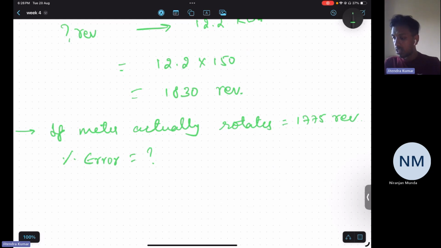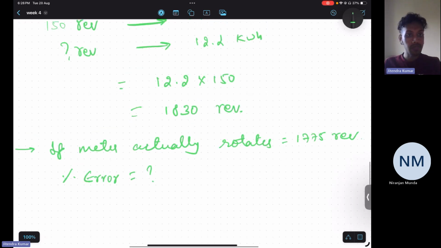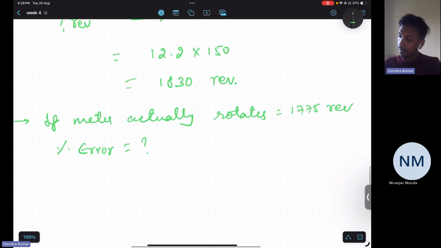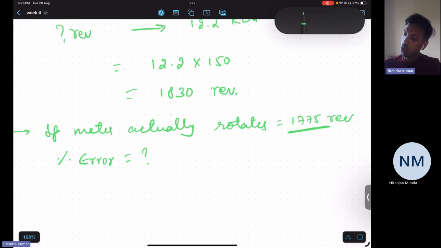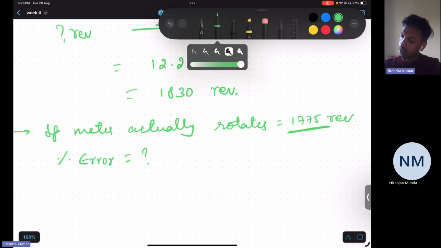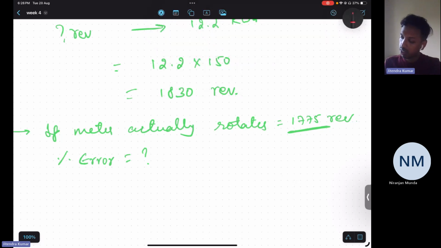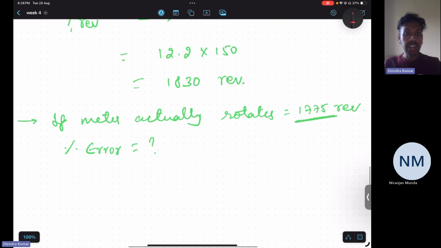To calculate the percentage error, we know it is a percentage of actual energy consumed, right? So for that, we need to compute energy for 75 revolutions. How much energy is being consumed for 75 revolutions, that we need to find out. And then we can do measured minus true divided by true. That is the percentage error we can calculate.